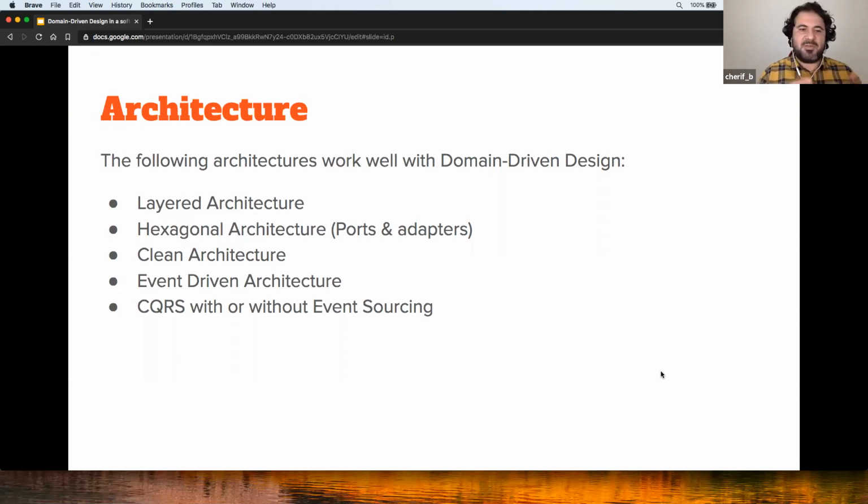But most people think that CQRS must be used with event sourcing, but they are orthogonal concepts. We can use CQRS without event sourcing, and it will really work. These are some of the architectures that we can use with domain-driven design.